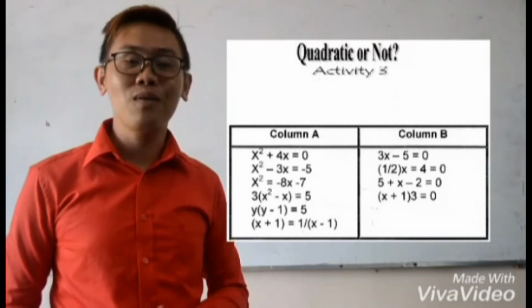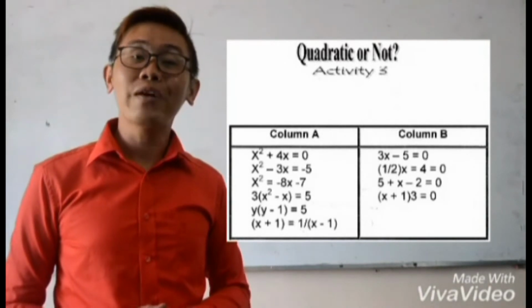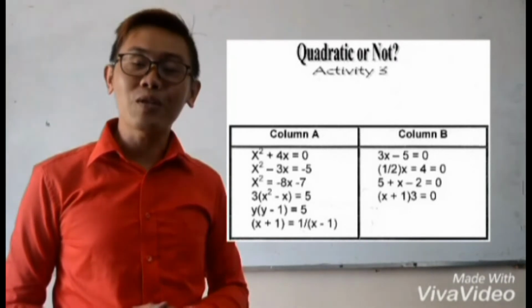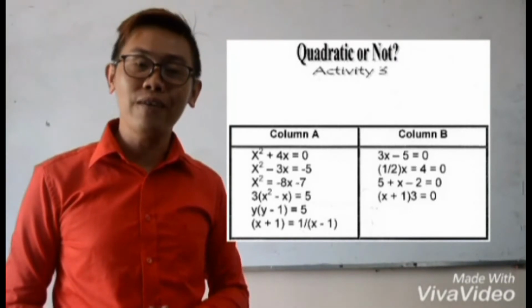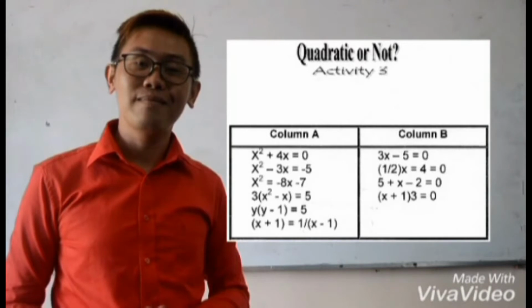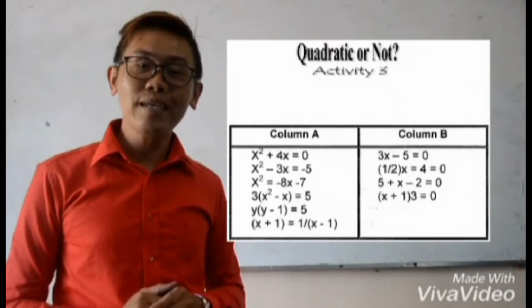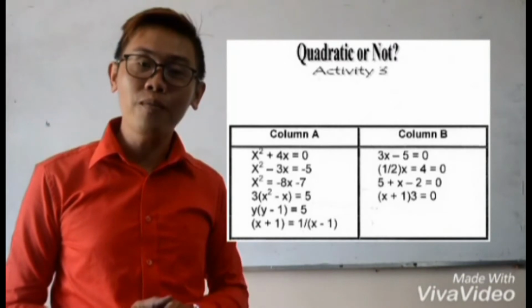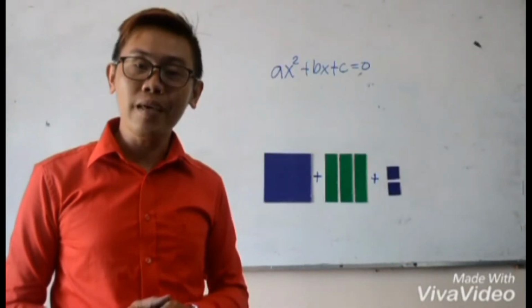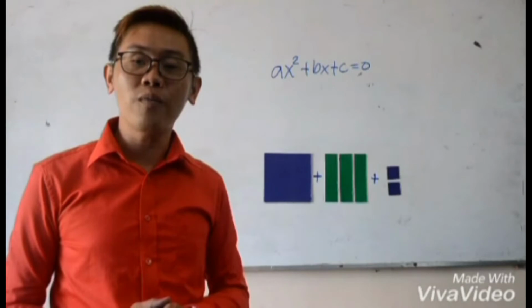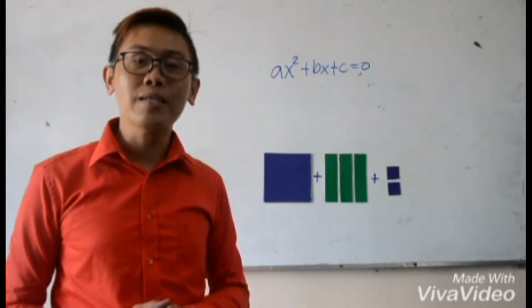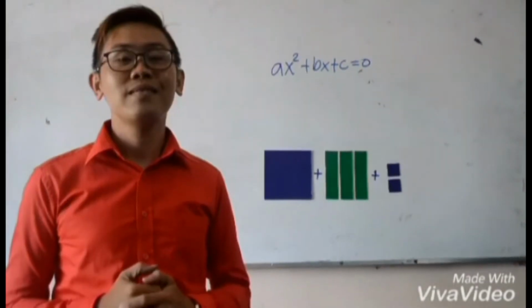Now, I will ask you, how did you come up with 6 quadratic equations on the given? Yes, you are going to convert the given into its standard form and test if it is in the form ax squared plus bx plus c is equal to 0.